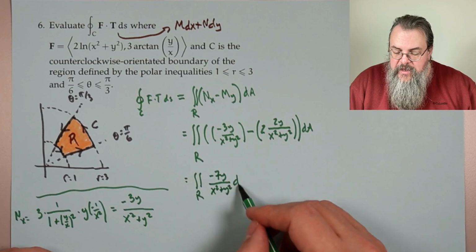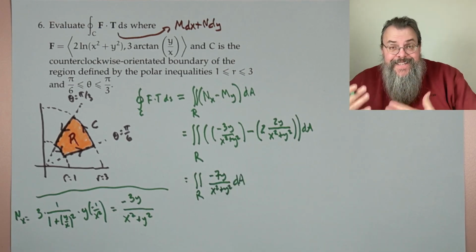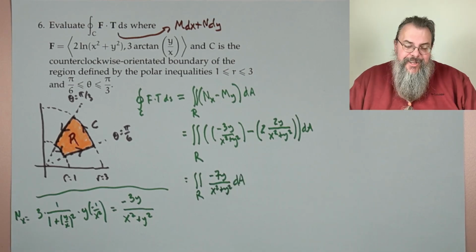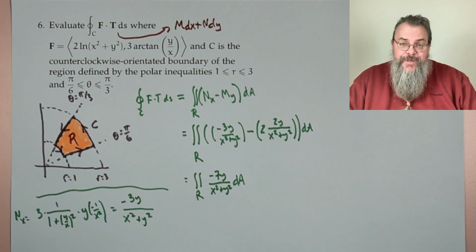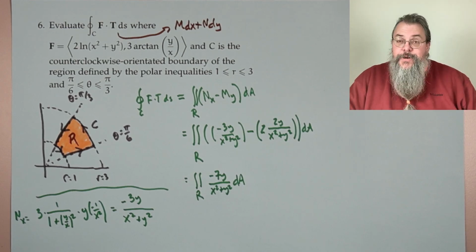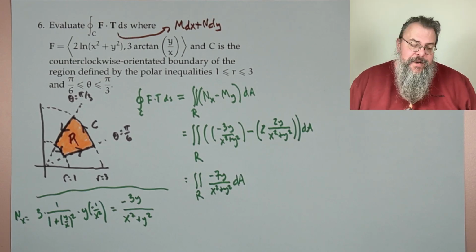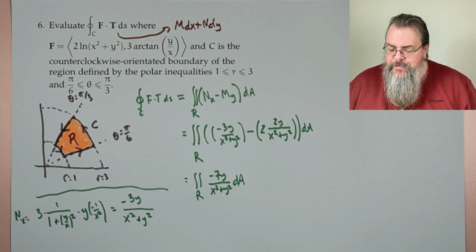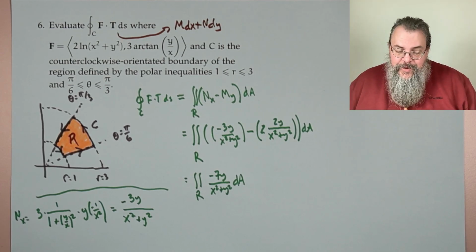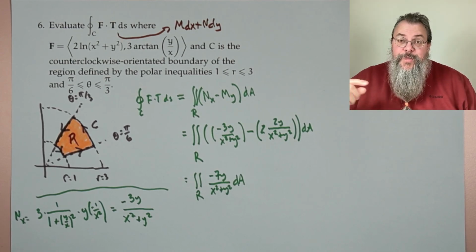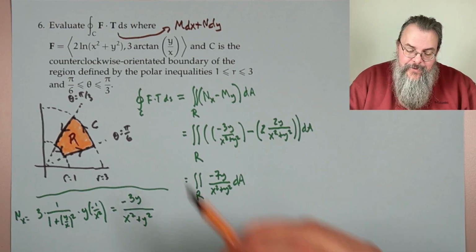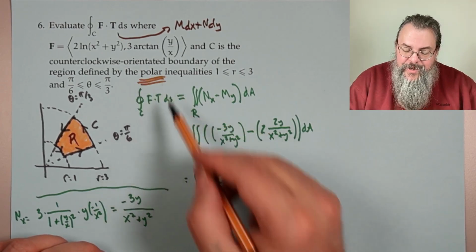y squared. Now, this initially does not look like the kind of integral we'd want to do. But what can we do? Well, the minus 7, okay, pull it out, no problem. But that's not the only thing we can do. We can go to polar. I mean, it kind of tells us we've got polar.